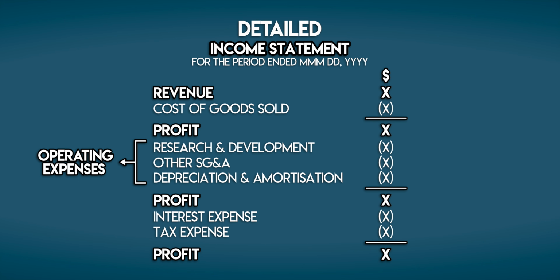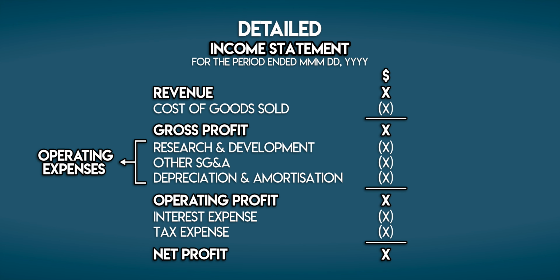And finally, we subtract interest and tax expenses. As you can see, the income statement shows three different types of profit. The big one at the top is called gross profit, the middle one is operating profit, and the smallest one at the bottom is net profit, the bottom line.